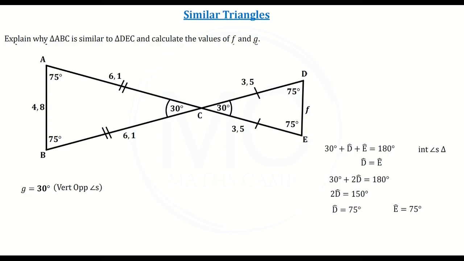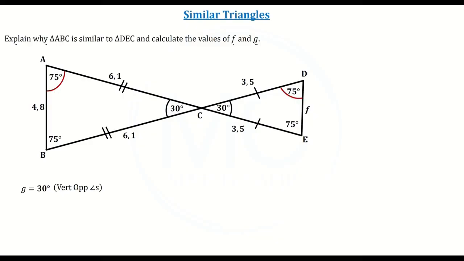Now we have all the interior angles of both triangles, so we can look at corresponding angles. Let's make some space. A is the first letter in ABC, and D is the first letter in DEC. So A and D are corresponding angles. Let's mark these angles in red.